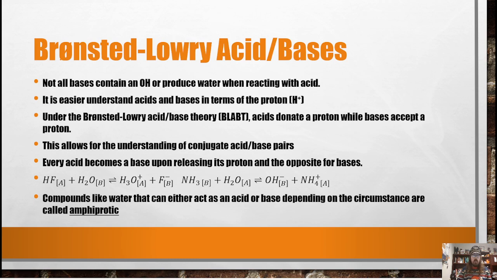This changes everything, in that now, in a reversible reaction, we have an idea of an acid-base pair. You have an acid and a base on every side of the equation, and they swap depending on what is happening. So every acid becomes a base, every base becomes an acid.